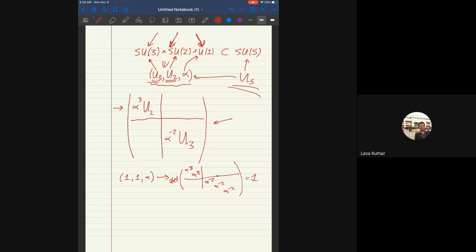And now let's see how our vector space lambda C5, which we already knew how it transformed under elements of SU5, transforms when we break up those elements in this way.